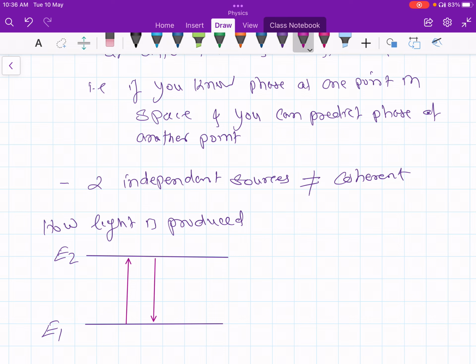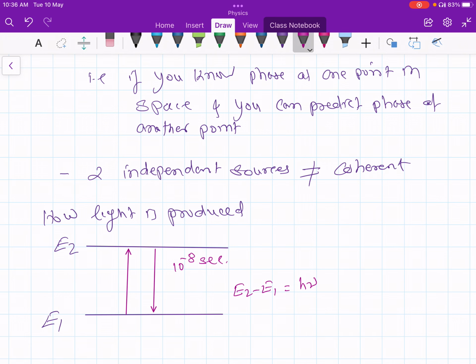It is then de-excited in 10 to the power minus 8 seconds, and the difference in energy, E2 minus E1, is emitted, which equals h nu. That is, when de-excitation takes place, a burst of light with energy h nu is emitted. This burst of light is called a photon. So when de-excitation takes place, one photon is emitted.